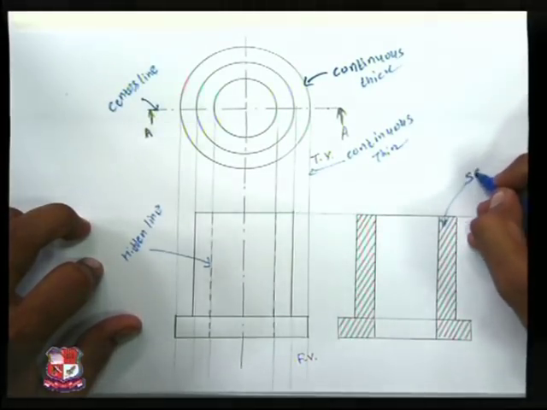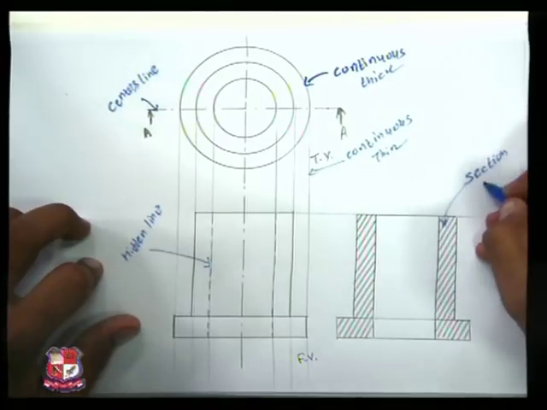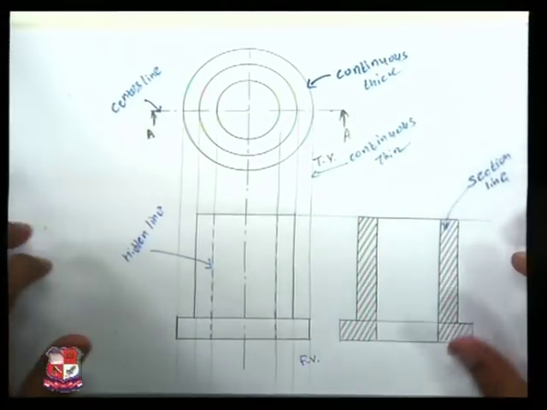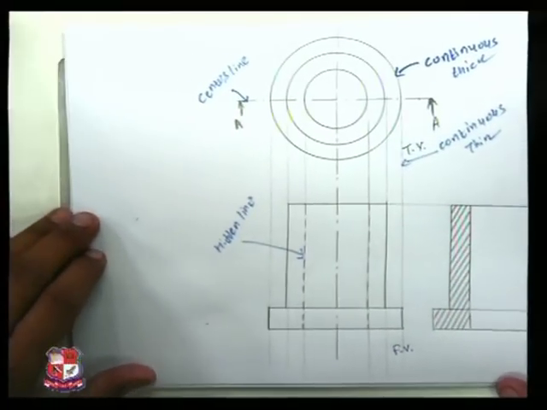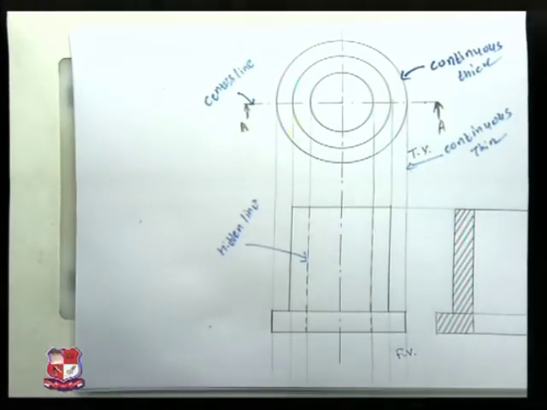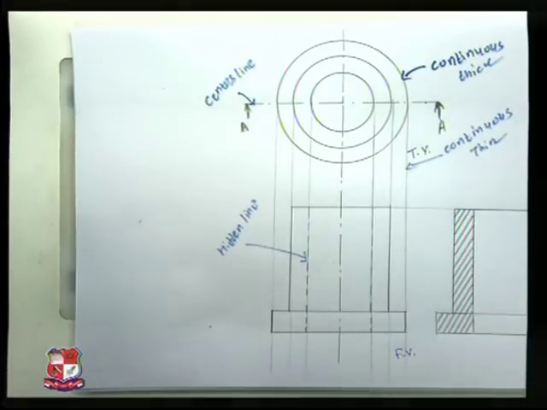These are the section lines. We have seen 5 lines, remaining 2 lines: break line and zigzag line.